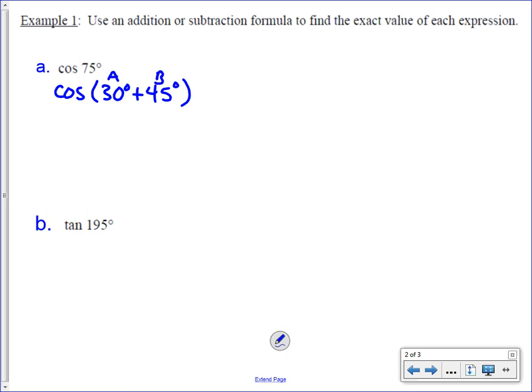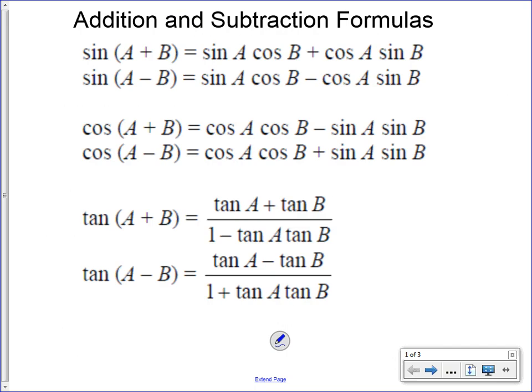Then you just go to your formulas and find the formula that you're going to use.